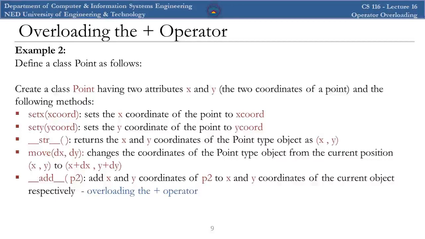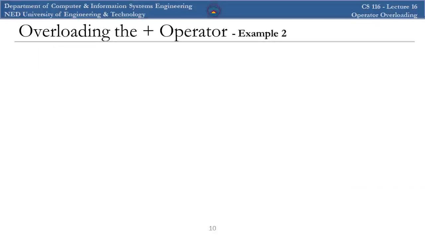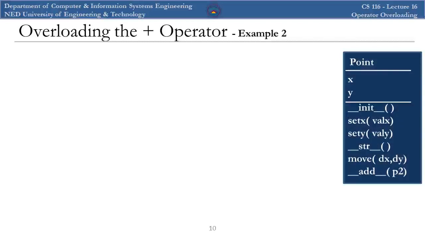So let's write code for this. Okay, this is the class that we have to implement. Now, out of these 6 methods, the first 5 are really simple. We have done that so many times, so I'll just go through that code quickly so that we can come to the actual operator overloading method.